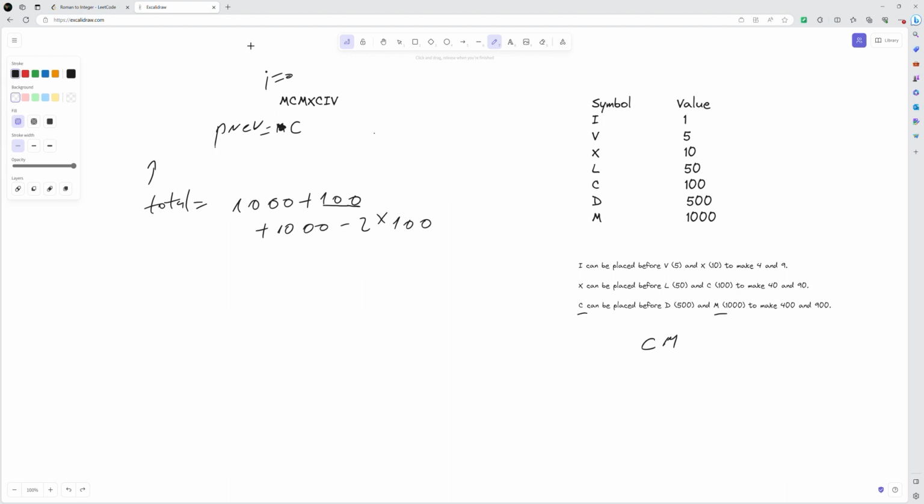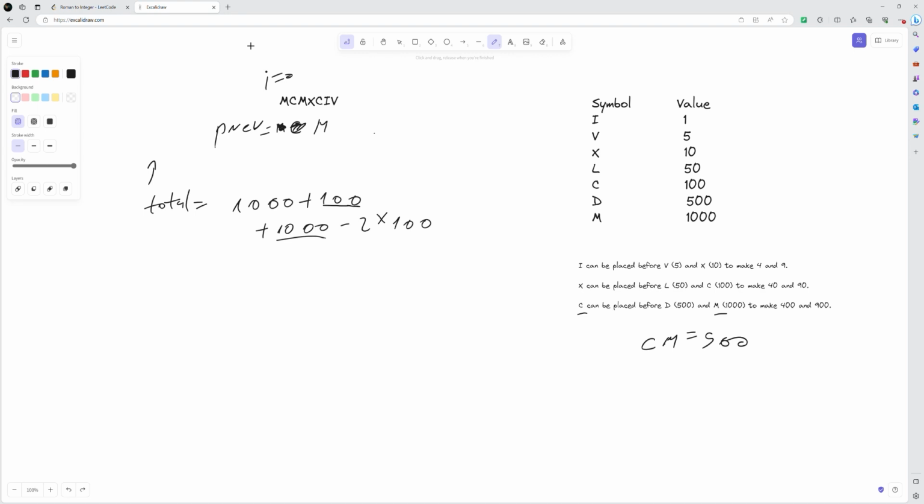And the second 100, we want to decrement from the value of the current character, in this case 1000, to get 900, because CM equals 900. So we will just do the 2 times 100, and we will set M as our previous character.